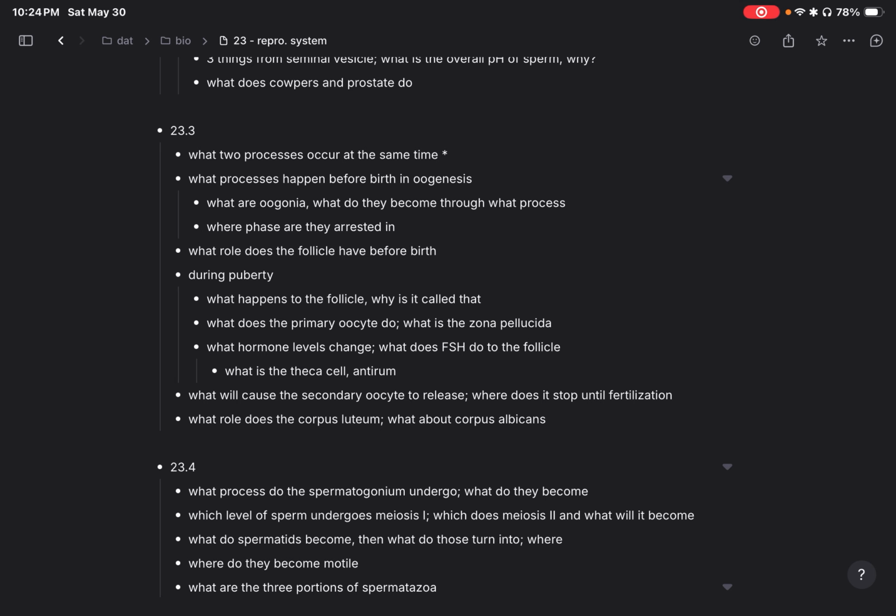So what are we left with? We're left with an oocyte, now called a secondary oocyte, and then a polar body, because two haploid cells arise. The polar body is just inactive, right?